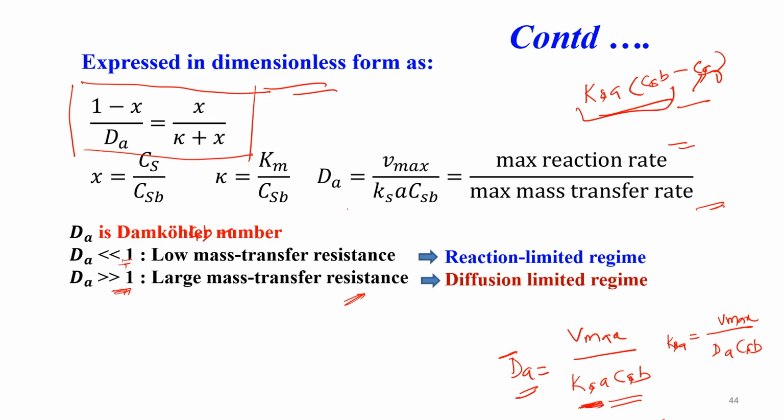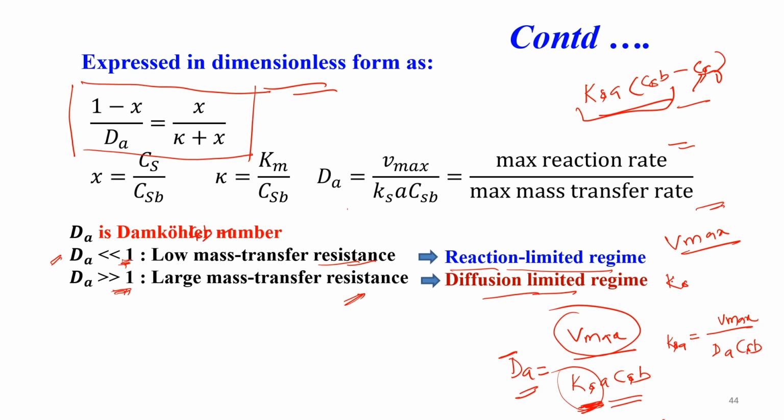Here, what it says: Damköhler number is higher. If the Damköhler number is less than 1, it means the mass transfer coefficient value is very high, and when the Ks value is high, it means there is a low mass transfer resistance. So, when there is low mass transfer resistance, we say this is a reaction limited region, meaning Vmax is dominating here, this is dominated by Vmax, and when it is a diffusion limited region, it means this is dominated by Ks.